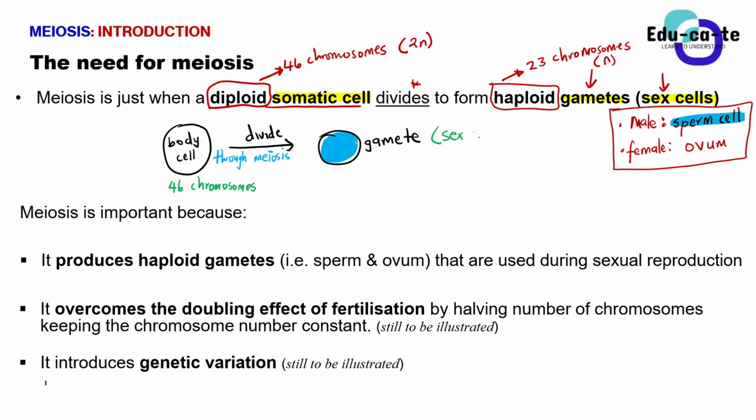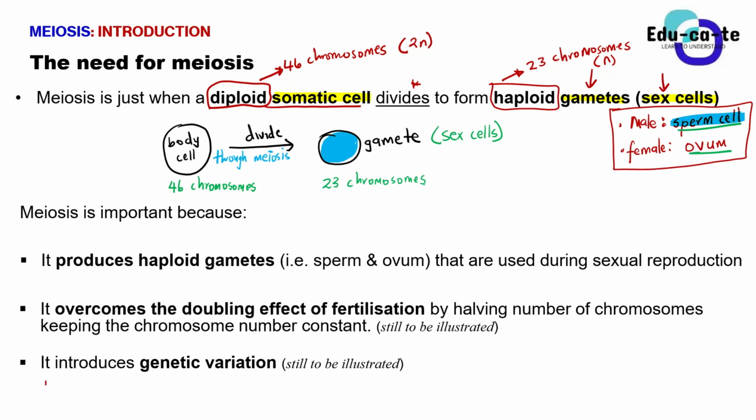You can say it's sperm cells if it's a male, or an ovum if it's a female. We say that these gametes have got a haploid number of chromosomes. So whenever you see the term haploid, it means that they've got 23 chromosomes. Do you guys see that?